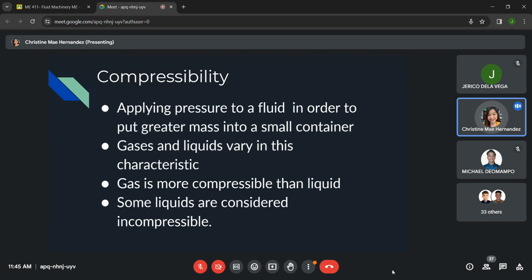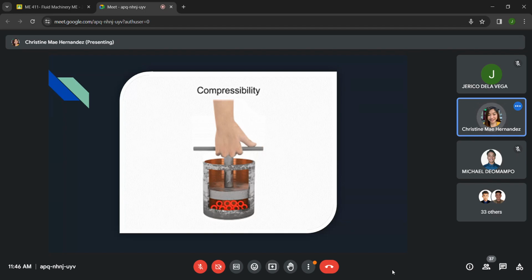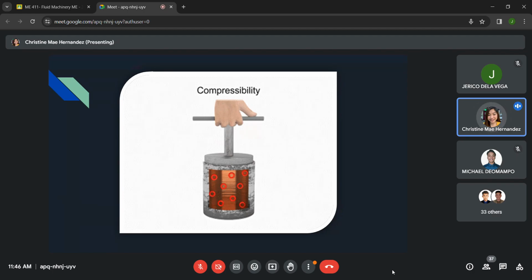Ang compressibility daw gives an idea of how a fluid volume changes when subjected to a change in pressure or external force. Yung pag nag-exert tayo ng external force, nagre-reduce siya or nagdi-decrease yung kanyang volume, and yung kanyang particles is nagiging tighter, diba?